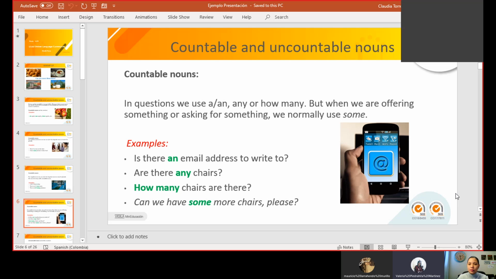How many cups of coffee do you want? Yes, nice. It was great because you used quantifiers to make an uncountable noun countable. Good job.